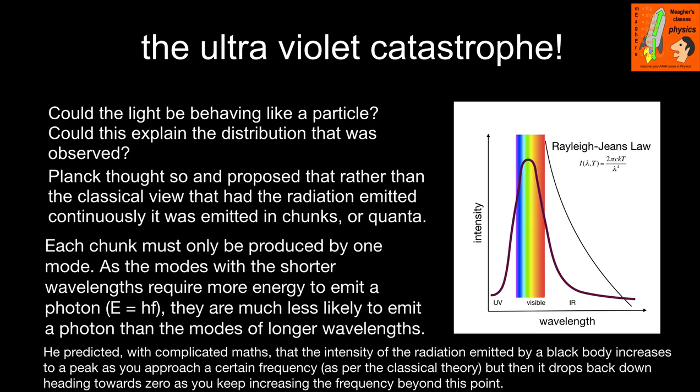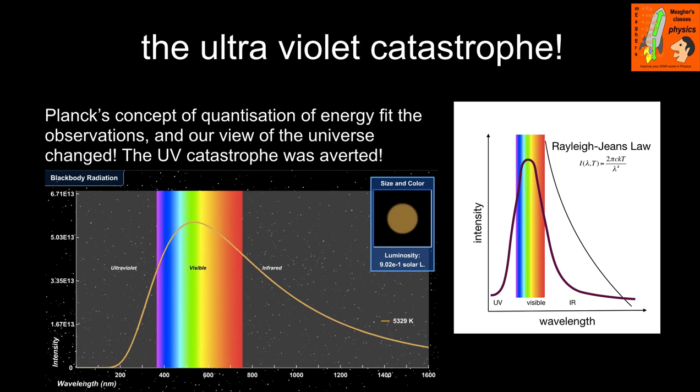There's complicated maths, we're not going to worry about that, but he predicted that the intensity of the radiation emitted by the black body increases to a peak at a certain frequency, as classical theory said, but then drops back down, heading towards zero as you keep increasing the frequency or decreasing the wavelength. So Planck's concept of quantization of energy fit the observations perfectly.